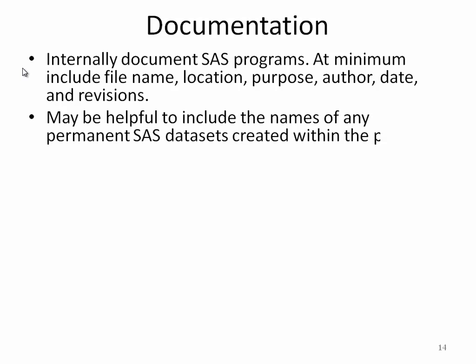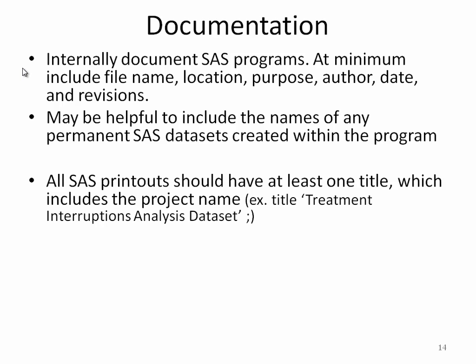As I said, include the names of any permanent SAS data sets created by this program, that would be an output. And then for all your SAS printouts, if you create a rich text file or just an ASCII file, you want to put meaningful titles on that output.